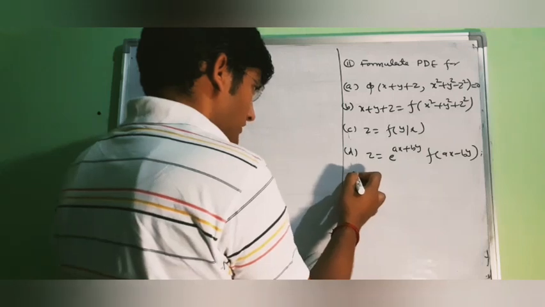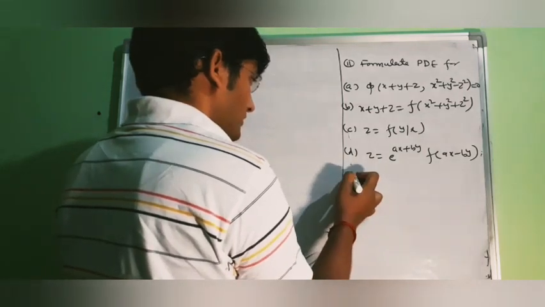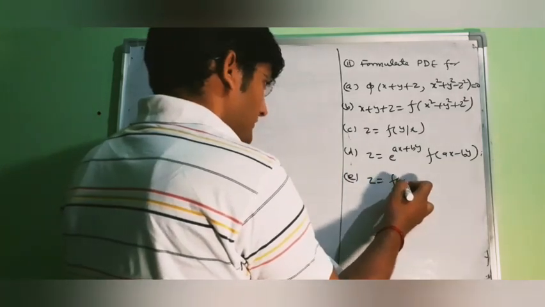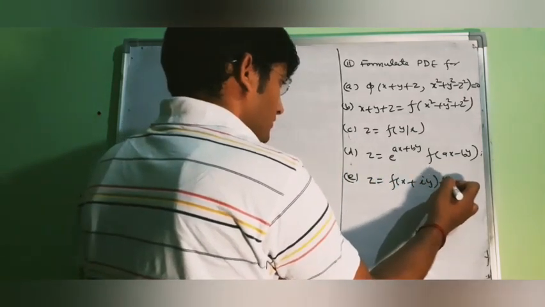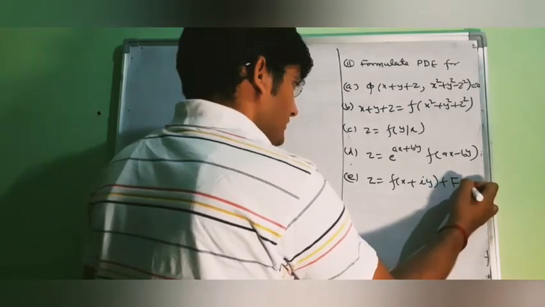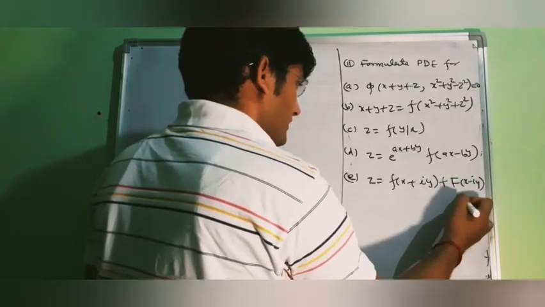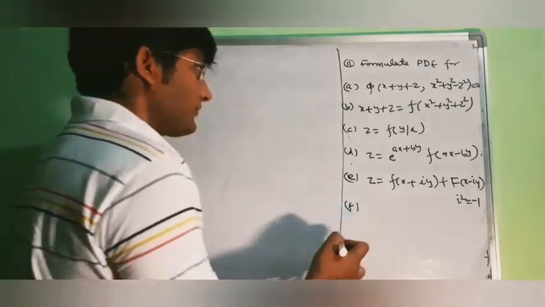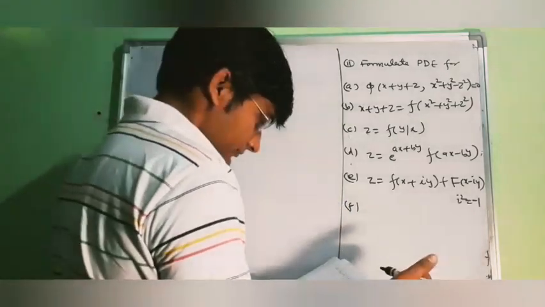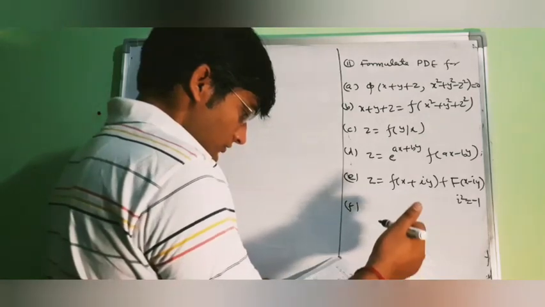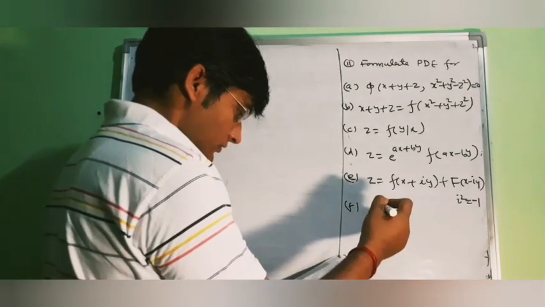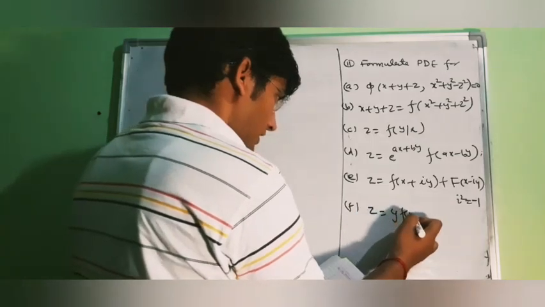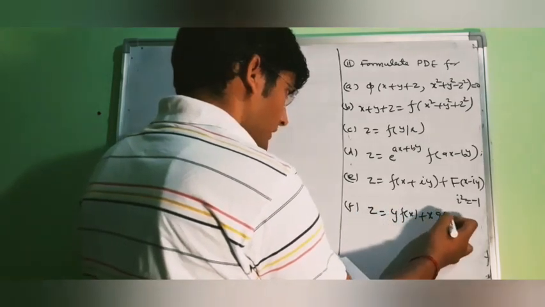In the fifth part, we have z equal to f of x plus iy plus some another function of x minus iy, where i square is minus 1. And then the sixth part is z equal to y into f of x plus x into g of y.